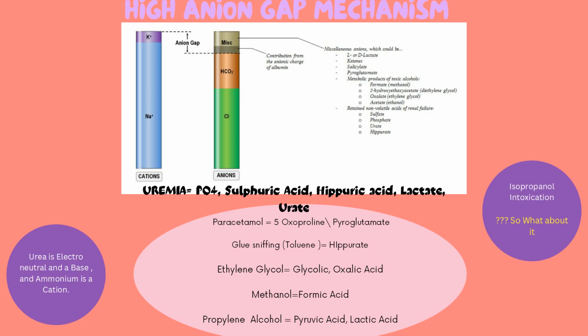These 5 exogenous toxins or alcohol would be contributing to a high osmolar gap as well as a high anion gap, except for isopropanol intoxication, which I would discuss in detail. There is something specific related to the isopropanol intoxication which we should be aware as physicians.